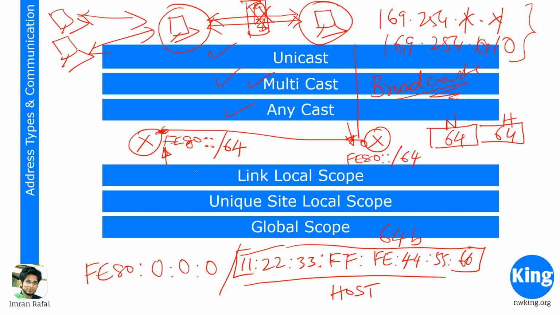So every device has its own MAC address which is unique by itself. In between it just puts FF FE, and you have a number which is unique to this device, right? Very cool, isn't it? So this is how it creates its own link local IP address, and the link local IP address is used only for communication within this segment, right?